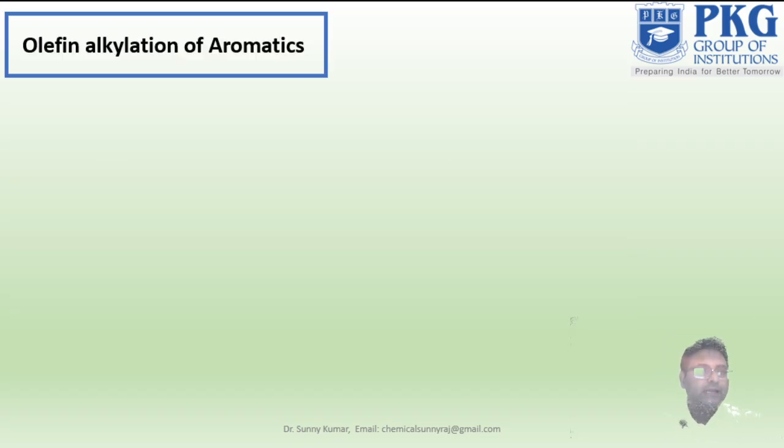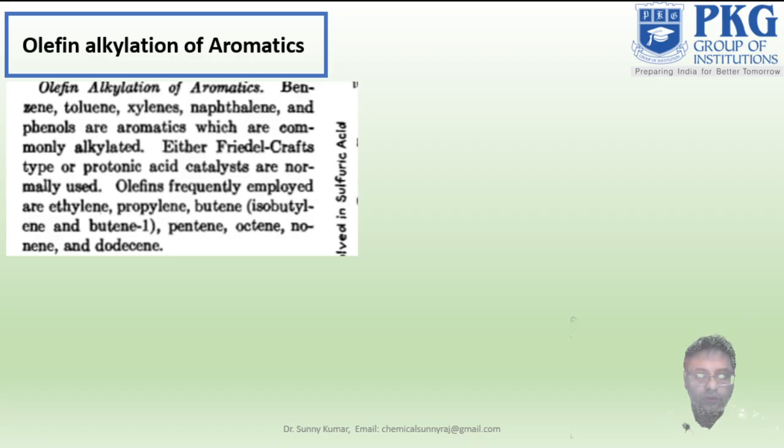So, the olefin alkylation of aromatics. Benzene, toluene, xylene, naphthalene and phenols are aromatics which are commonly alkylated, with either Friedel-Crafts type or protonic acid catalysts normally used.